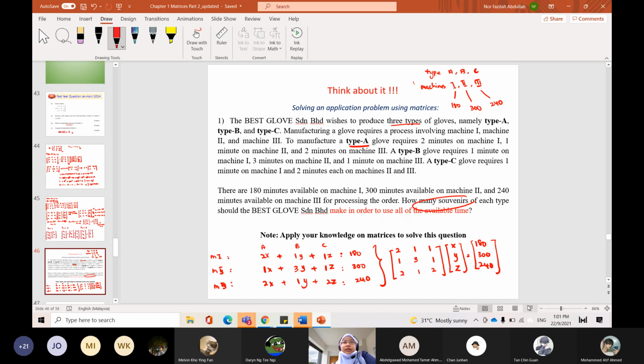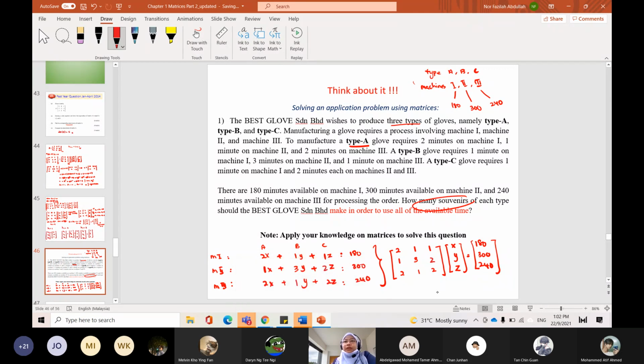Sorry for the mistake here. This one correct, right? Type C glove requires 1 minute on machine 1, 2 minutes on each of machine 2 and 3. So 1, 2, 2.